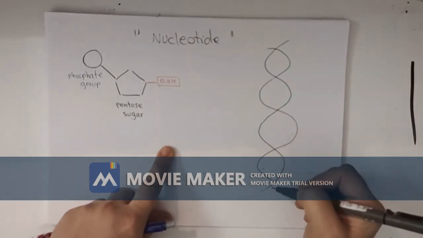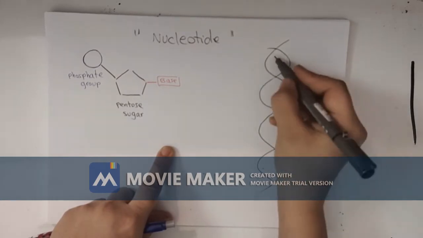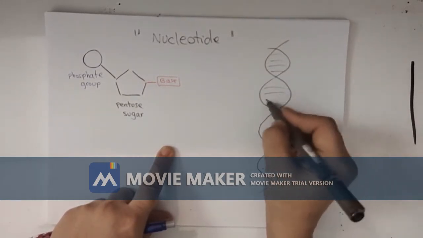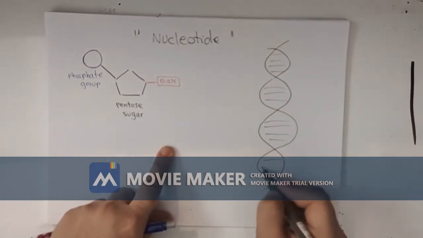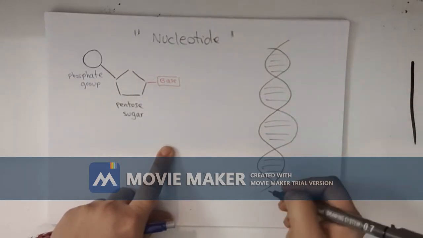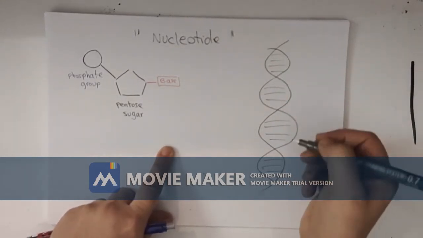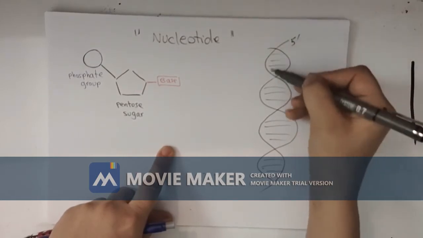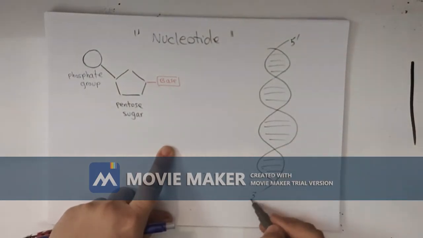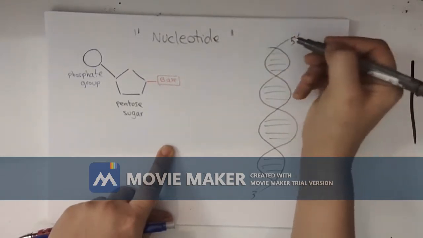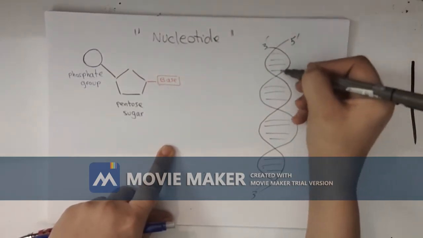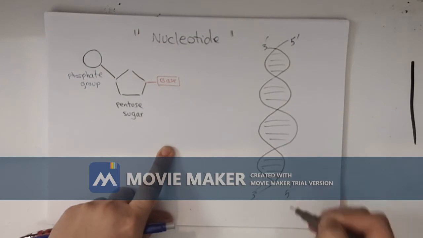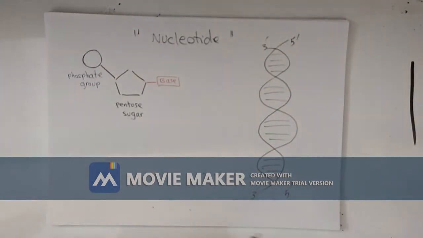This is one strand, this is the second strand, and between these strands there are bases that join them together. Okay, so for example, here again 3' goes to 5'. So this is the structure of the DNA molecule.